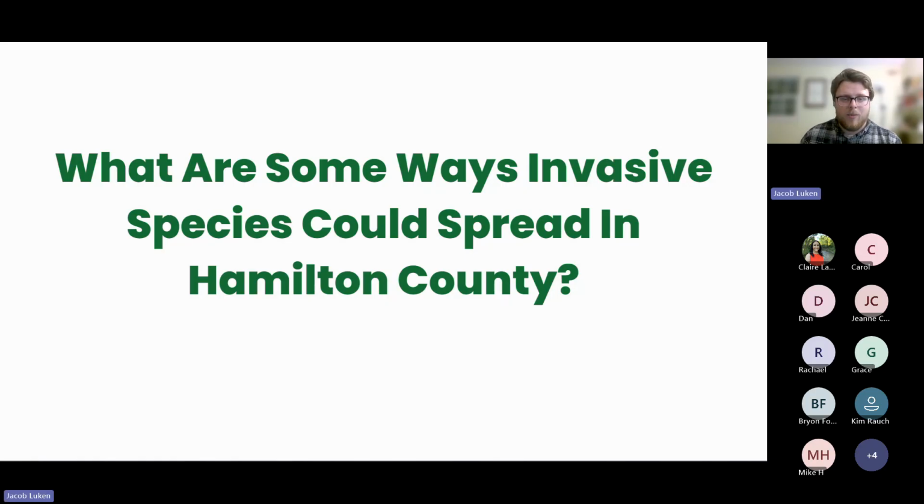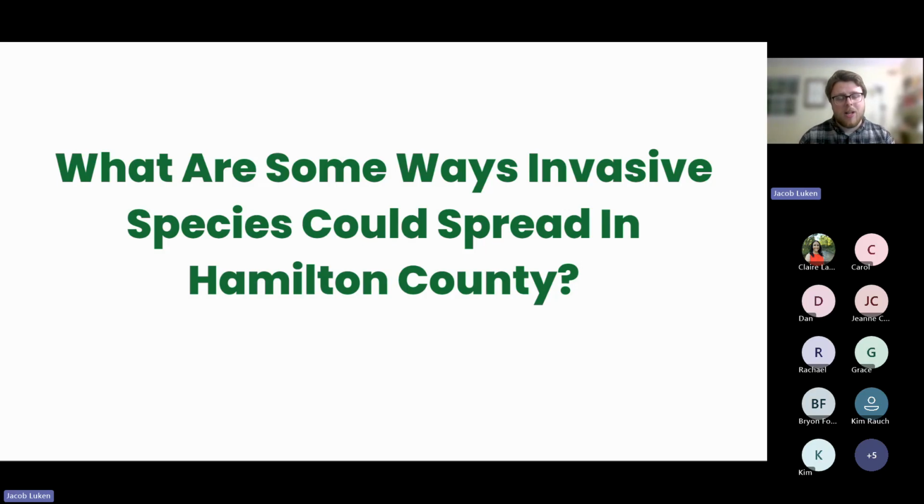Yeah, pet paws. Clay brought up a really good point. Our pets can spread lots of invasive seed inadvertently just by walking through an area, so it's definitely good to check their paws as you're going in or out of a nature area. Yep. Vehicles, birds, lawnmowers, definitely a big one.